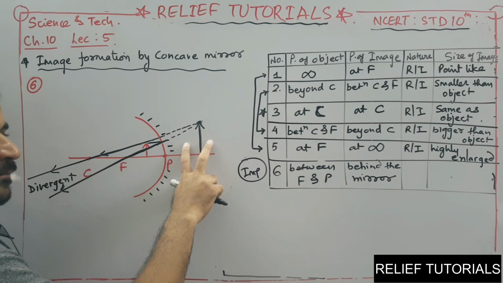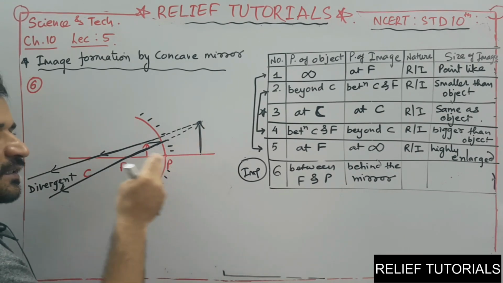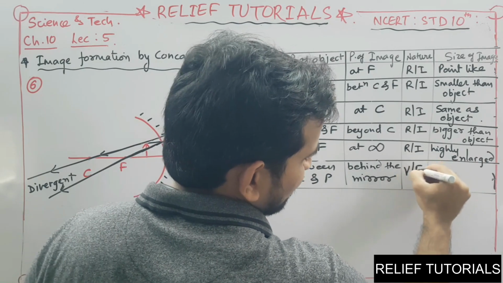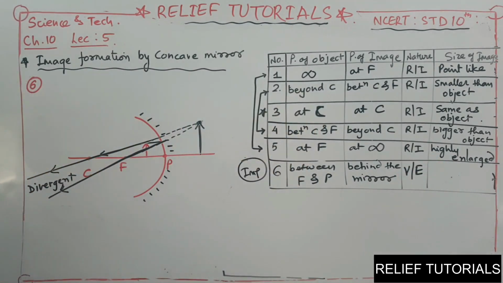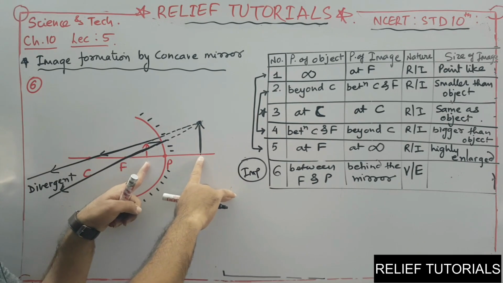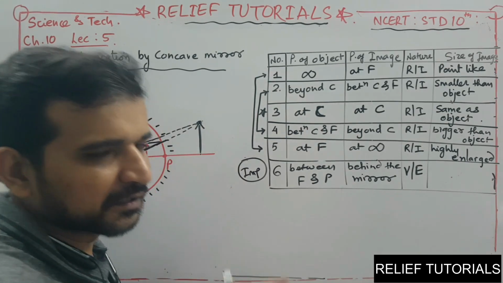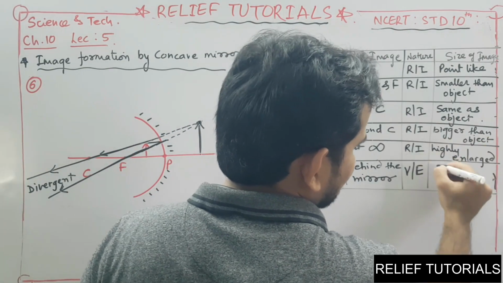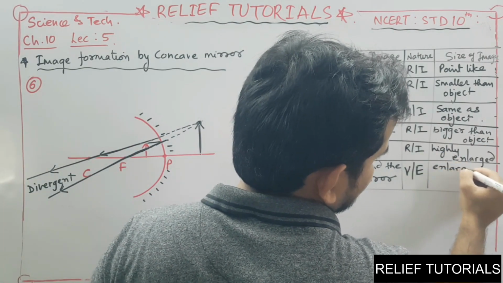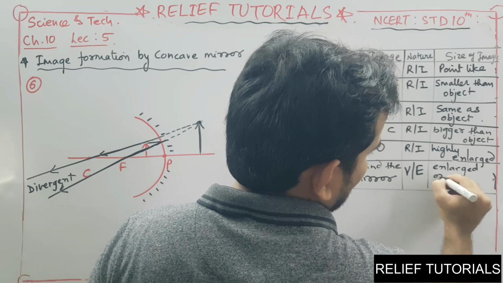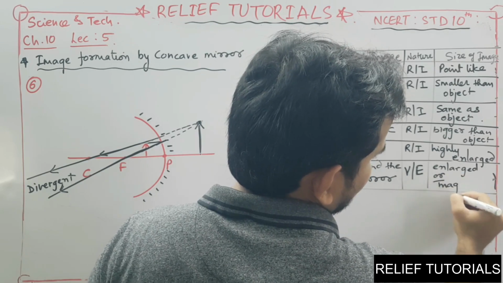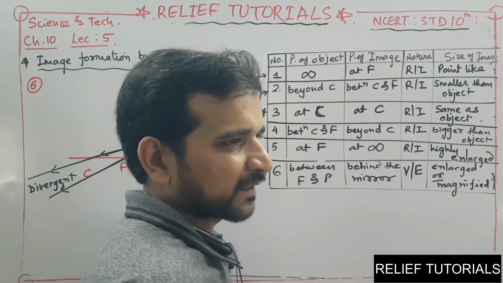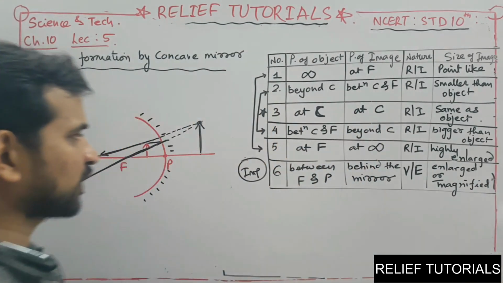The nature is, we can see the nature is virtual and erect. Virtual and erect. And the size is enlarged. We cannot say it's highly enlarged, but magnified. We can say enlarged, or we can say magnified, or in very simple language, bigger than the object, whatever you say.